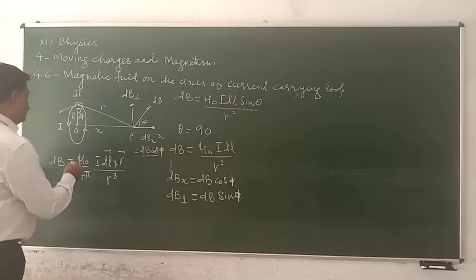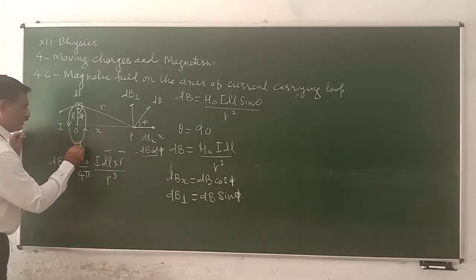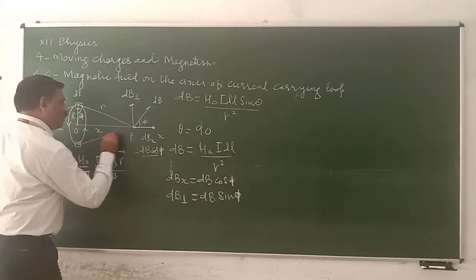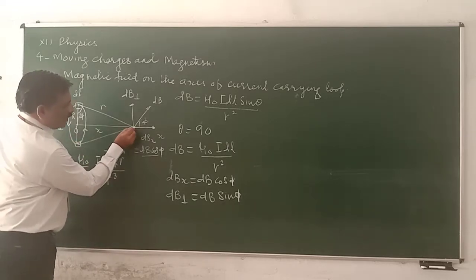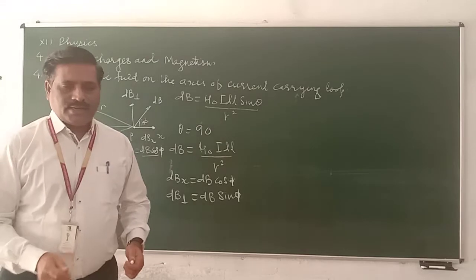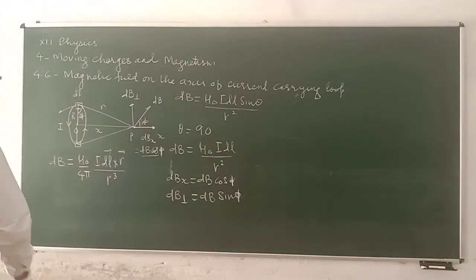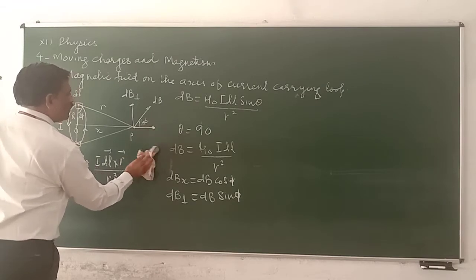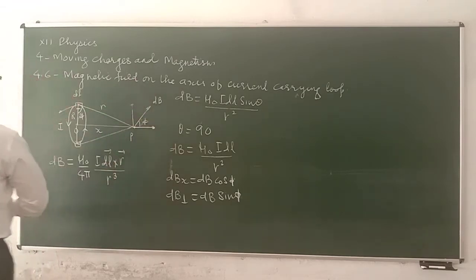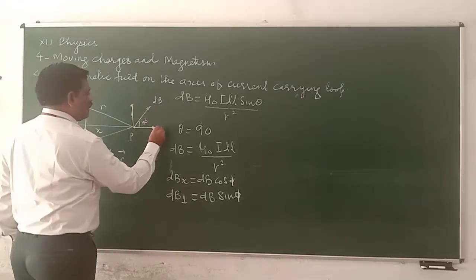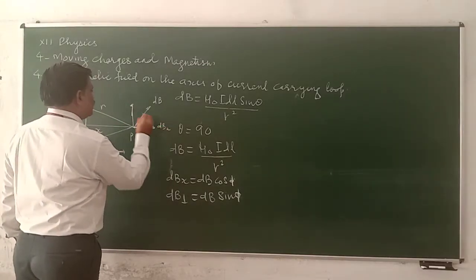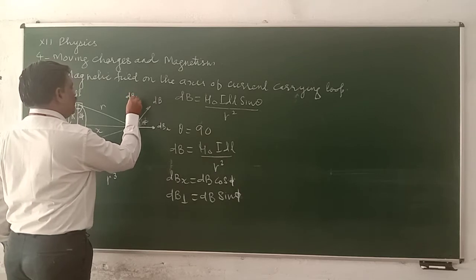Now similarly, we can take another element here. Join this one. This element can also give us dBx and dB perpendicular.